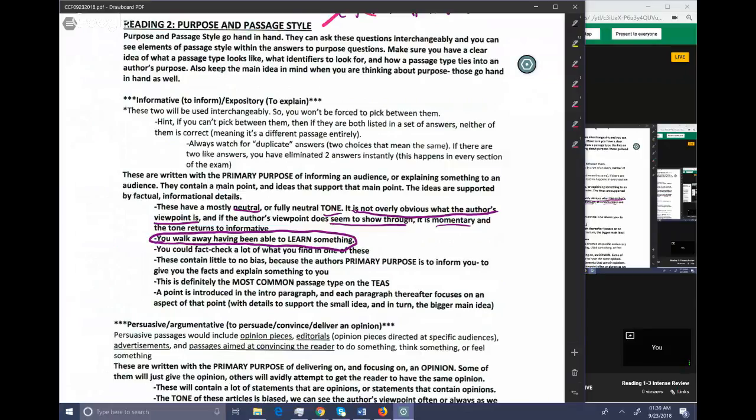The reason I'm bringing that one up is that it is a great example of one that doesn't seem informative or persuasive. And it really doesn't seem persuasive. But you've got to read through there, and you've got to say, you didn't have an opportunity to learn anything. There's no factual information, statistical information.